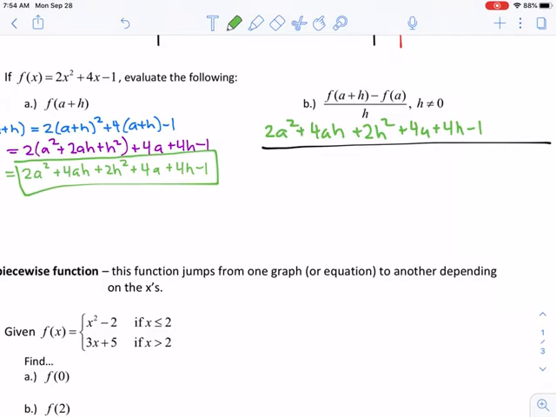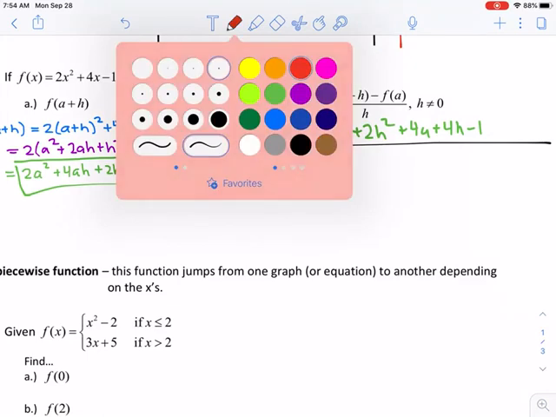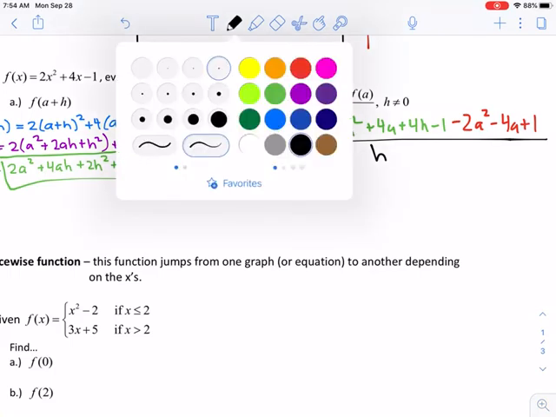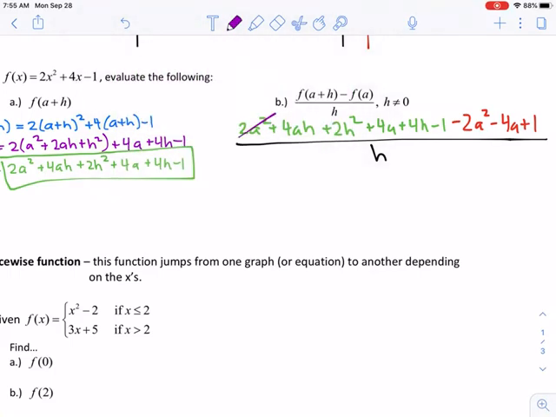And then we want to subtract f of a. So if I want to subtract my 2a squared plus 4a minus 1, then I want to make sure I distribute that negative to everybody. So that's going to be a negative 2a squared minus 4a plus 1 all over h. Well, things are going to cross out nicely here, cancel out. 2a squared cancels out with a negative 2a squared.